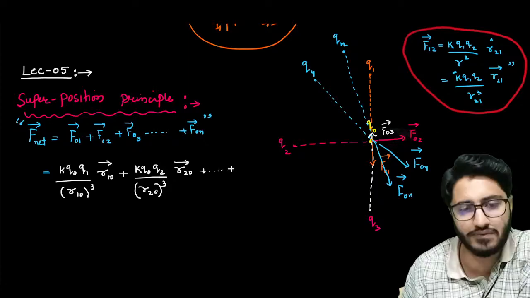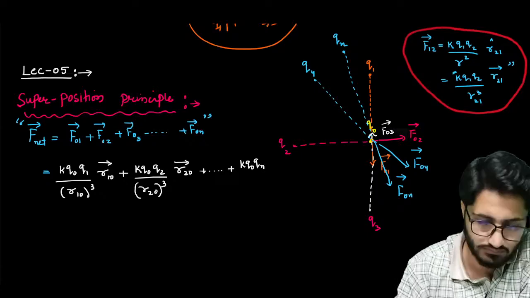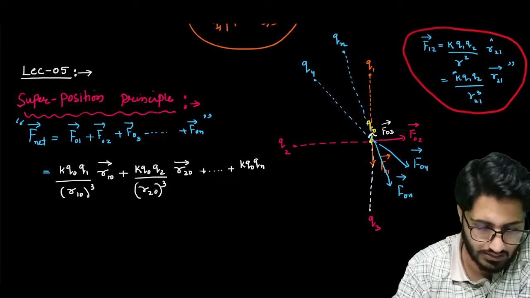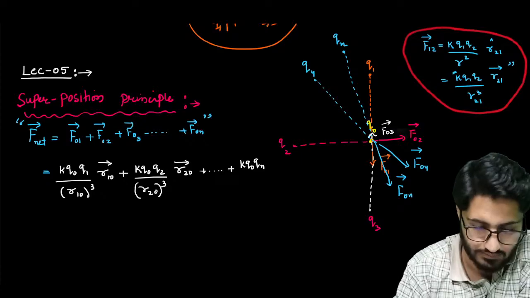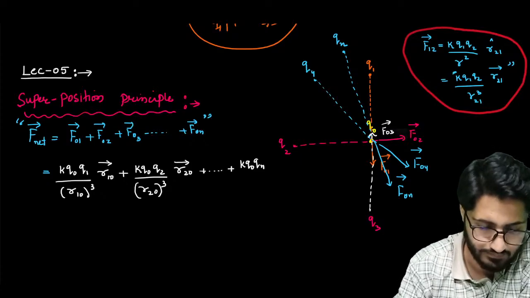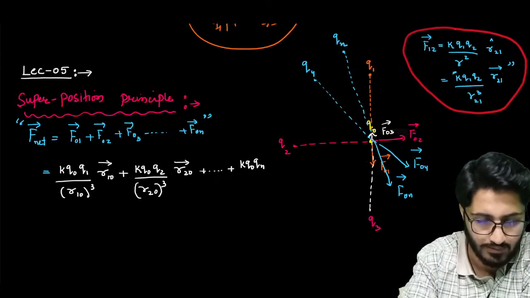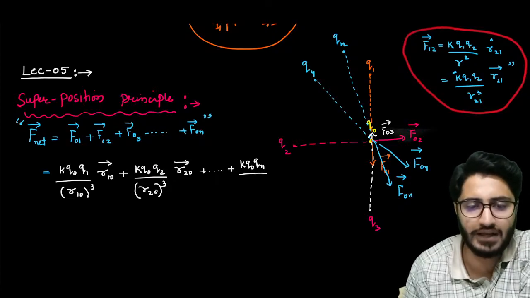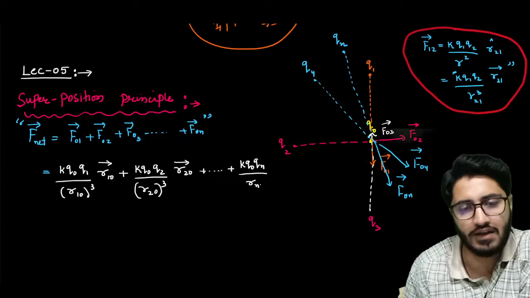What is the last term? So we have K, Q0, Qn, whole divided by Rn0 cube, Rn0 vector.